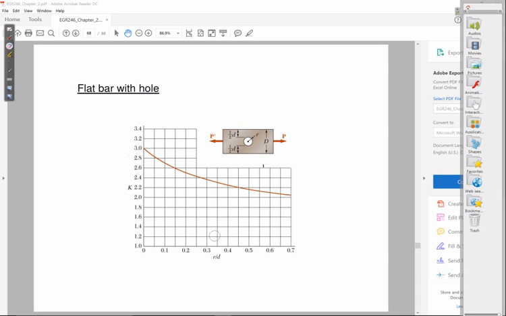And then you go up to this plot, and you just go across and determine what your stress concentration factor is. Of course, sometimes you have to interpolate. Right? Once you look up what your stress concentration factor is, now you could go ahead and actually determine what force you could apply. So let me give you an example.